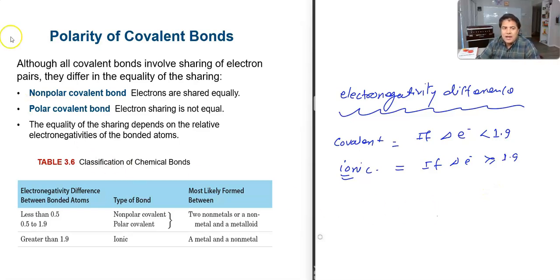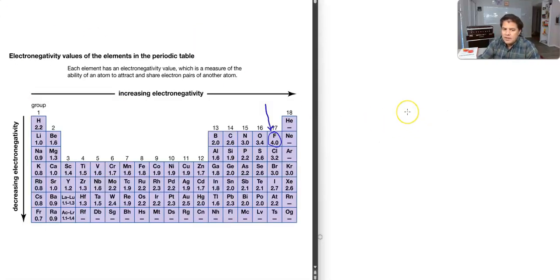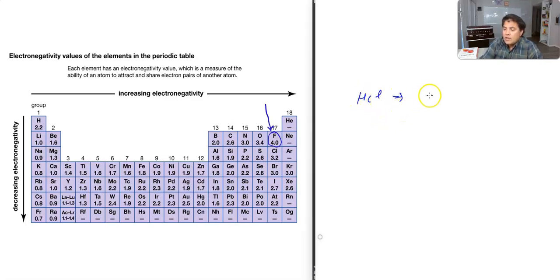Now let's go back to the first slide. Let's find out what bond it can be. HCl, hydrochloric acid, hydrogen and chlorine. Hydrogen is 2.2, chlorine is 3.2.